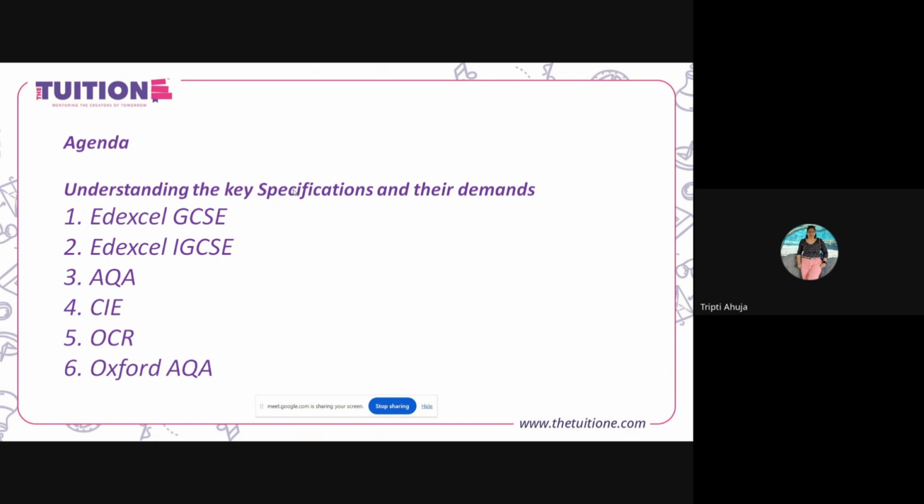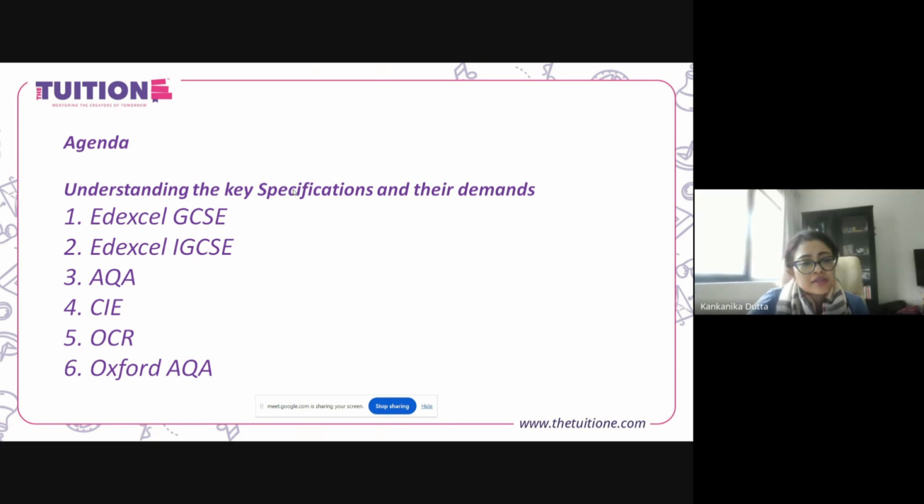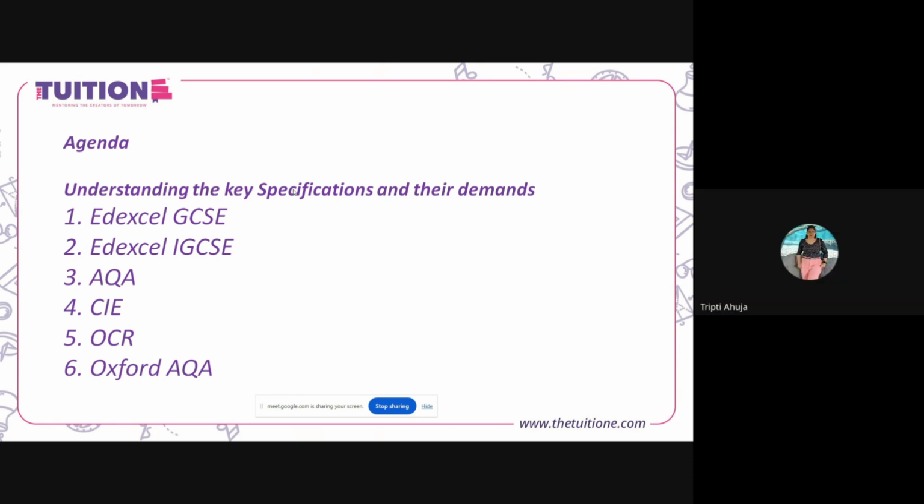And conceptually, the logical questions were more there in GCSE. Yes, because GCSE for the most part does not encourage rote learning. Practicals were typically more in GCSE than in the Indian curriculum.